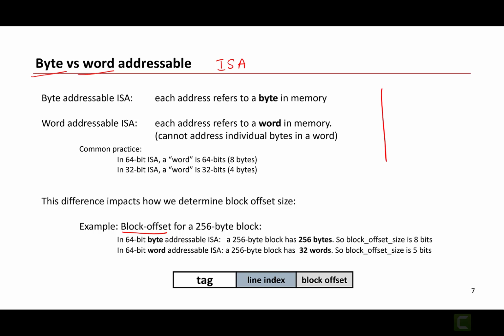If I have a memory and I address it sequentially through addresses ranging from 0 to n, each address refers to a memory location that stores exactly 1 byte worth of data. In the case of a word addressable ISA, each address refers to a larger data item, and that size is the size of the word. So instead of a byte, it would be a word.